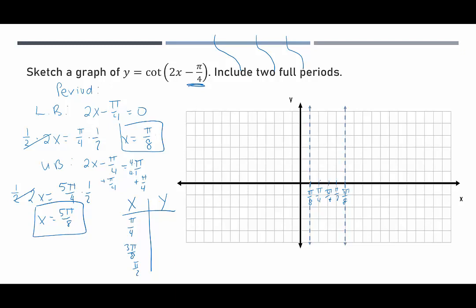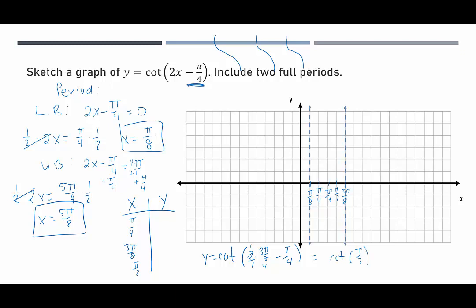So if I plug in 3 pi over 8, I would have y equals cotangent of 2 times 3 pi over 8, that would be 2 over 1, minus pi over 4. Well, 2 times 3 pi over 8 would be 3 pi over 4. 3 pi over 4 minus pi over 4 would give me 2 pi over 4, or pi over 2.